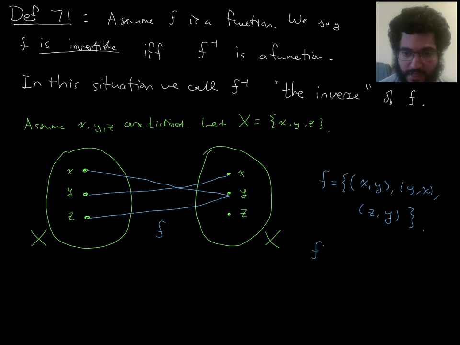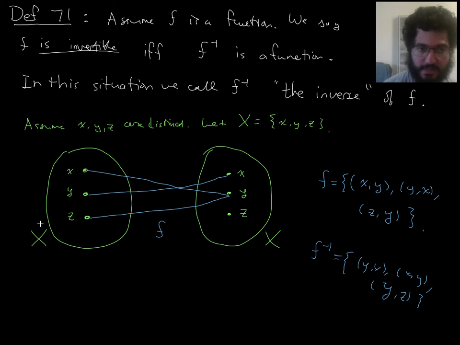Now, what's f reverse? Does f reverse exist? People sometimes ask, does the inverse exist? Does the reverse exist? Yeah, the reverse exists. Just flip these around, right? y x, x y, y z. The reverse exists.